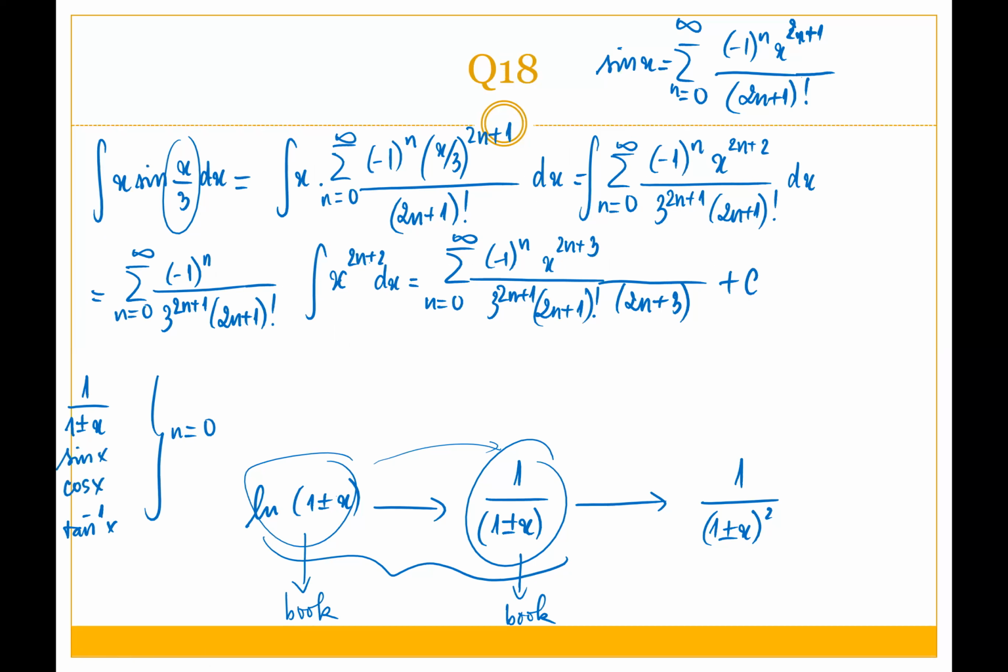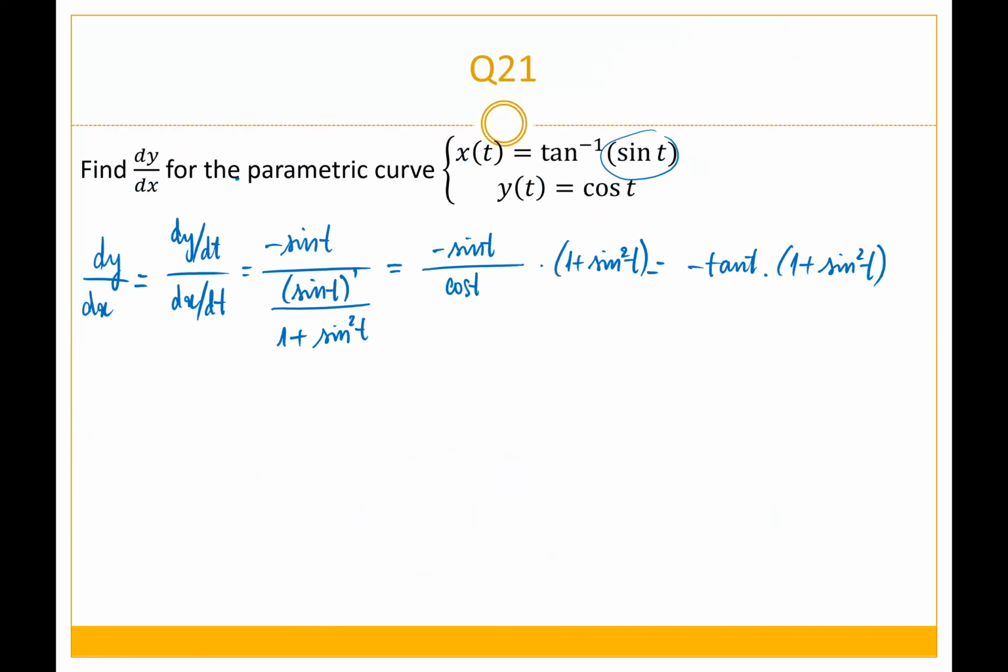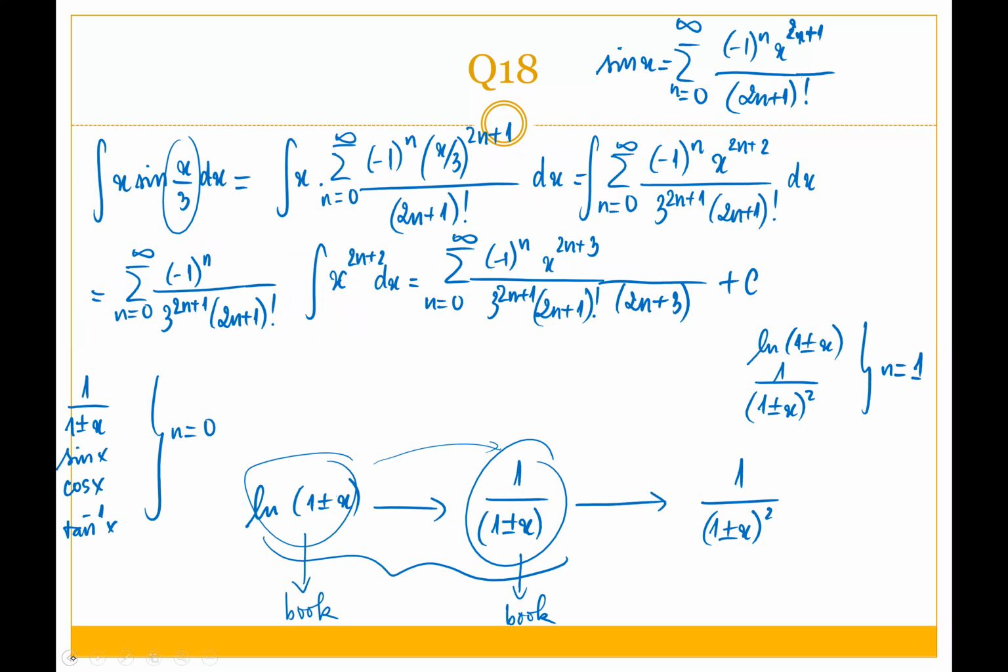But then for the rest, when you have ln of 1 plus or minus x, or 1 over 1 plus or minus x squared, these I have a starting point of n equal to 1. Does that help with how we do these things? And so the expression for their power series is pretty easy to put as well.